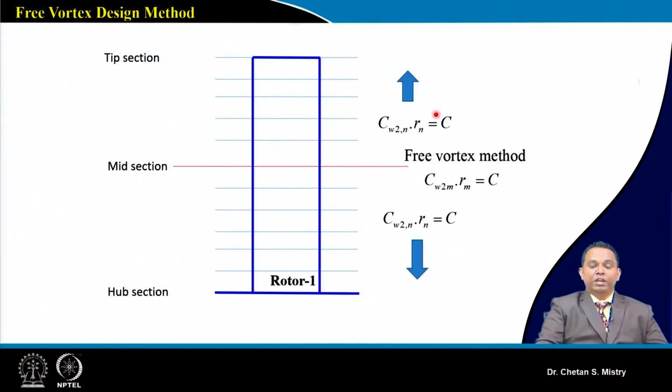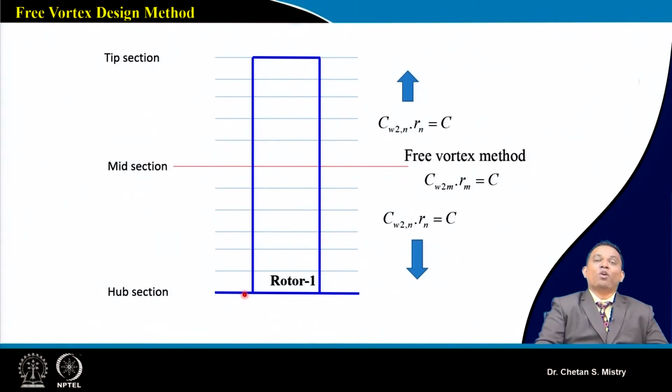We know here in this case my constant will remain the same, my radius will be changing. Now, since my radius is changing, my whirl component will be changing all the way from hub to tip.